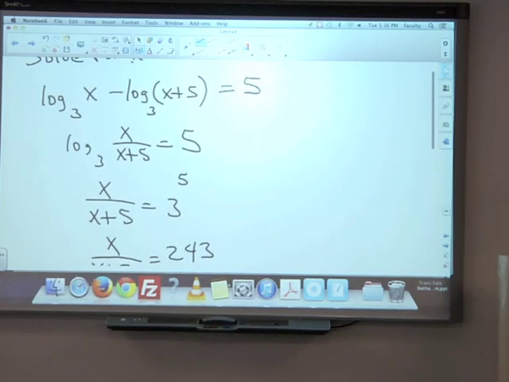The way this one works out is there is no valid solution, because when you take the negative 5.02 and plug it in for x, I end up trying to take the log of a negative number, which cannot happen. All right?